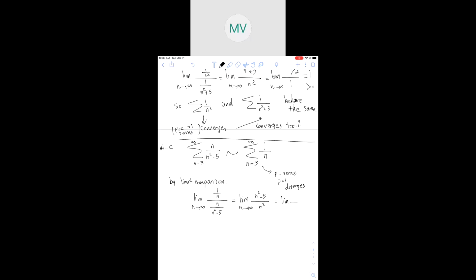And you know the rest, right? So it's 1 minus 5 over n squared, and as n goes to infinity, that's 0. So the limit is 1, bigger than 0, same behavior, so this one, from 3 to infinity, diverges.